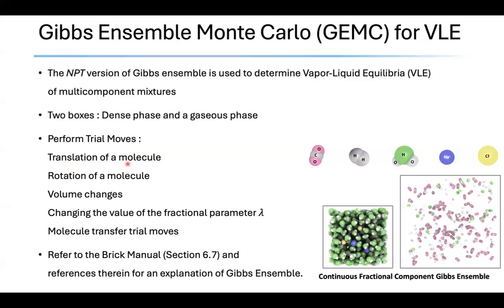You have a translation of a molecule, you have a rotation of a molecule, you have volume changes, and then you have a change in the value of the parameter lambda, and you have molecule transfer trial moves. A description of all of these will follow now, but for further details, one can refer to the Brick manual and also the references therein for an explanation of the Gibbs ensemble.